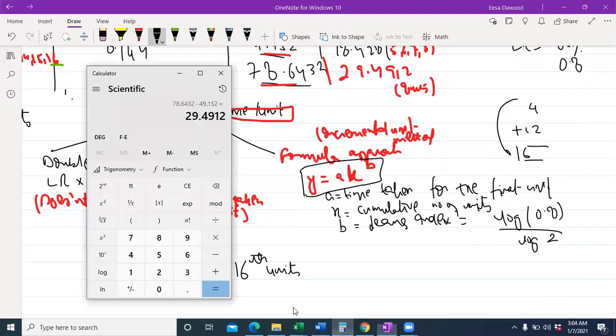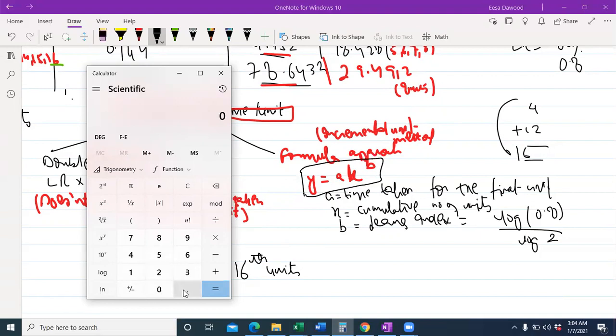Let me show you how to do it in Excel, because in section C, if it comes, you'll be doing it in Excel. But if the question is asked in section A or section B, you won't have Excel. So you should know how to do the calculations in Excel, in a spreadsheet, as well as on the calculator.